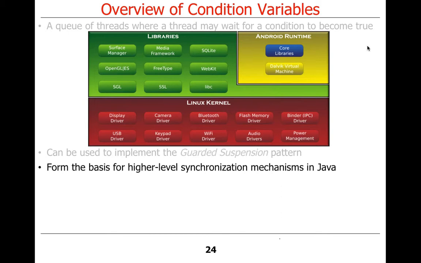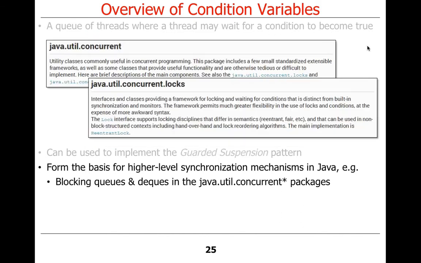Condition variables and their realization as condition objects form the basis for higher-level synchronization mechanisms in Java. For example, blocking deques and queues use these things because they're implementing the producer-consumer problem with a bounded buffer, right? That's how you would typically use them. So you don't access the condition variables directly.